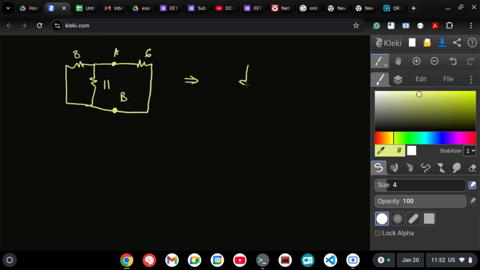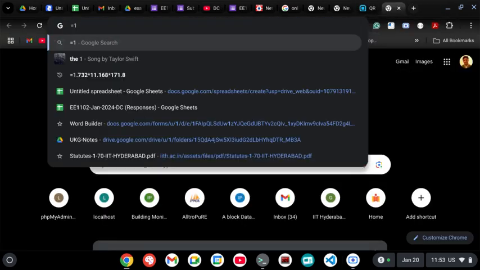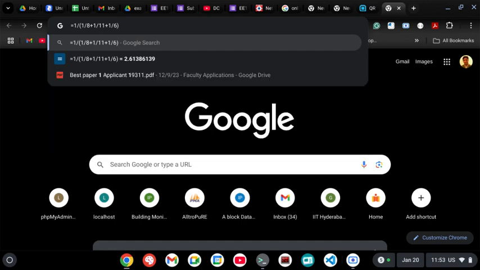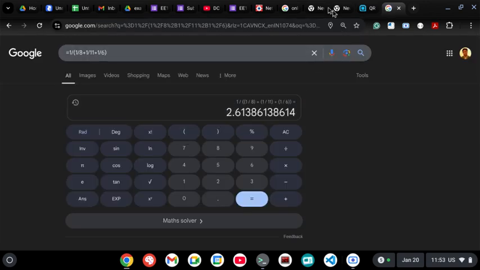We have 8 here, this is short circuited, and we have 11 here, this is short circuited, and this is point A. Then we have 6 here, and this voltage source is also short circuited, and this is point B. So this is equivalent to 8, 11, and 6 as a parallel combination of resistances between A and B. The equivalent resistance is 1 divided by (1 by 8 plus 1 by 11 plus 1 by 6), which is 2.6138. That is the answer.